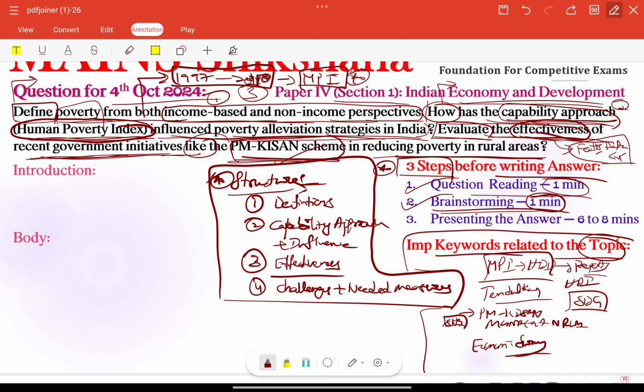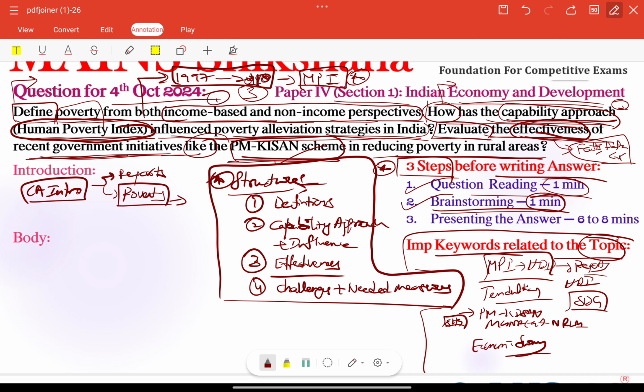Coming to the introduction part, here we need to focus on creating one important current affairs introduction, right? Recent important reports we can add here. That is very important. Otherwise, we can give some important introduction related to poverty, because poverty remains a critical challenge in India, with rural poverty being a major concern despite consistent economic growth.